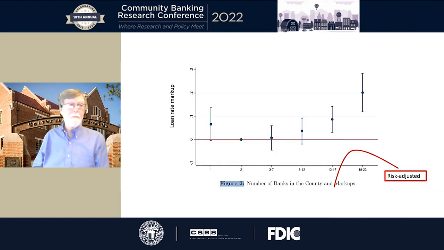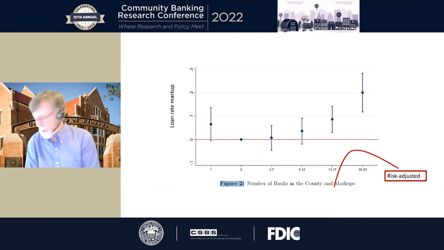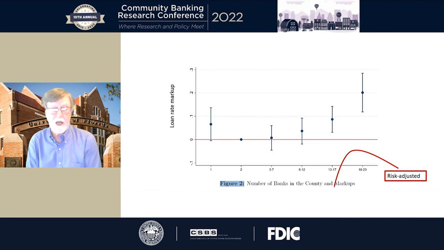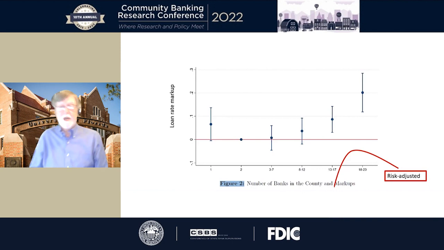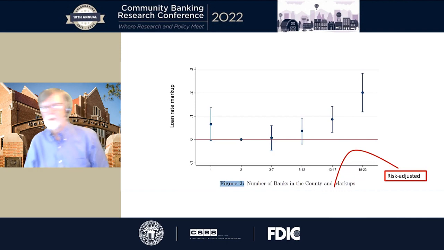Next, please. This is a slide that Greg gave you, and I think it's a very important slide. On the horizontal axis he plots the number of banks in a county, and on the vertical axis he plots the markup, by which he means relative to the best default rate implied by the available information.